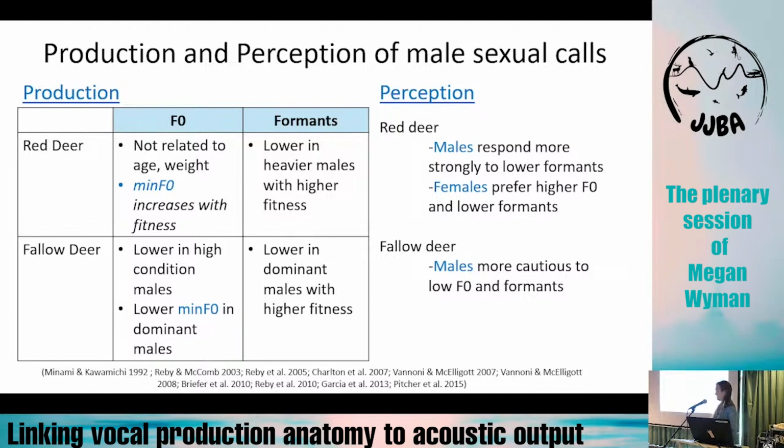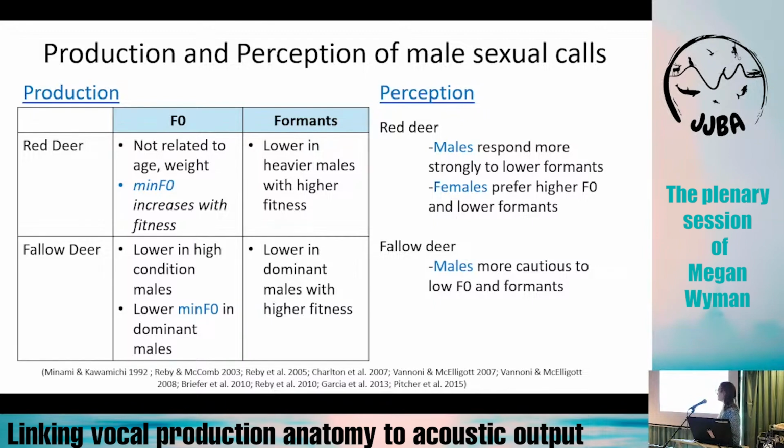So I won't spend a lot of time here, but looking at just the red deer and the fallow deer, where they've had the most behavioral work done on choice and competition within their breeding seasons. If we look at the fundamental frequency in red deer, it's not related to age or weight. However, minimum fundamental frequency does increase with fitness.